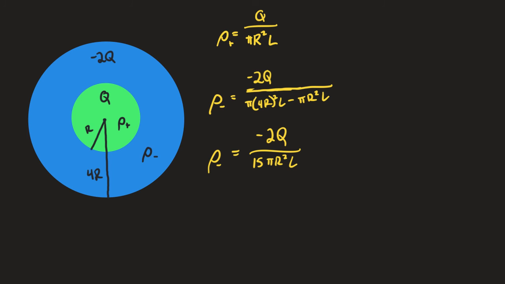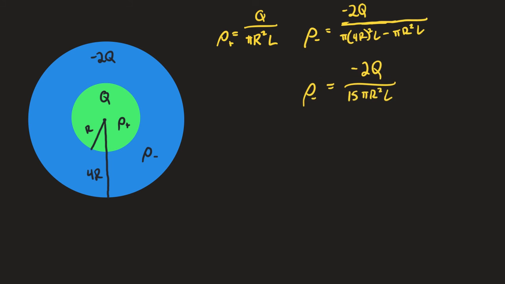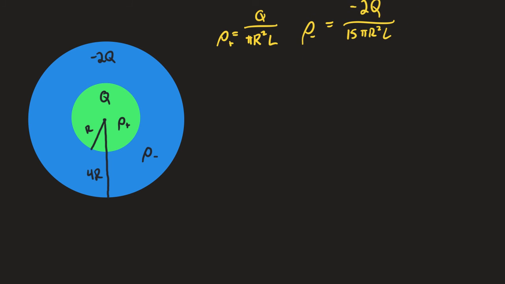Now, again, having that is great, but you still have to be able to use that effectively in what you're going to do for your problem. You have to draw in a Gaussian surface that you can use to measure the electric field. And we just did this part that's inside the green.